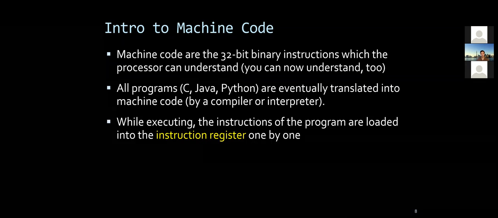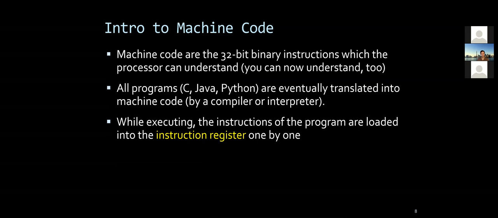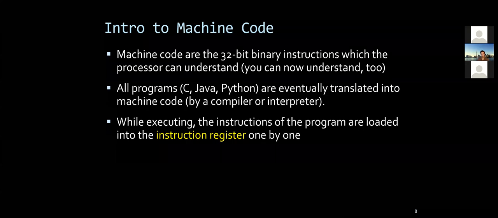And while executing, the instructions of the program are loaded into the instruction register one by one. Remember, we went through the whole flow of the MIPS-like machine. We had a pointer to the current instruction, the PC, and then we had the instruction register where the instruction is stored. And there are different bits of that instruction we can decode after we fetch it, and we can read and understand what this instruction represents.